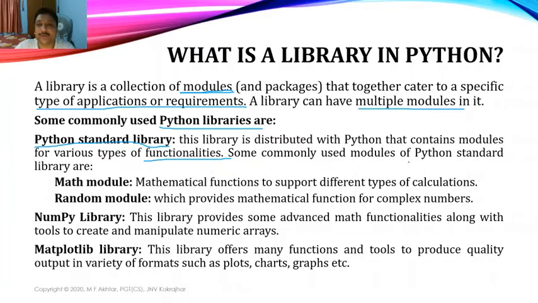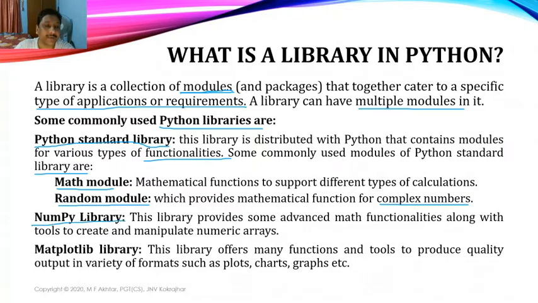Some commonly used modules of the Python standard library are the math module, with mathematical functions to support different types of calculations, and the random module. Okay, these are the modules.